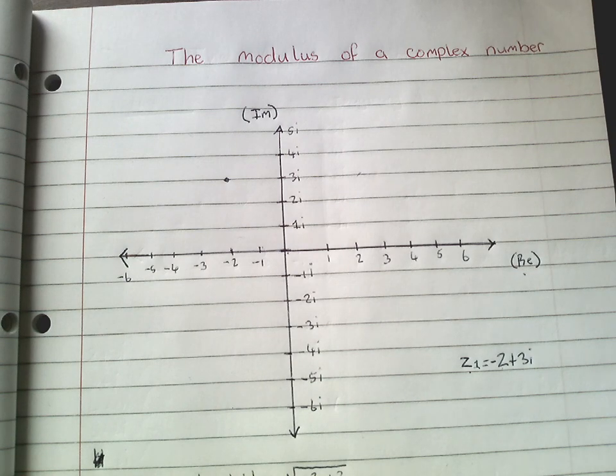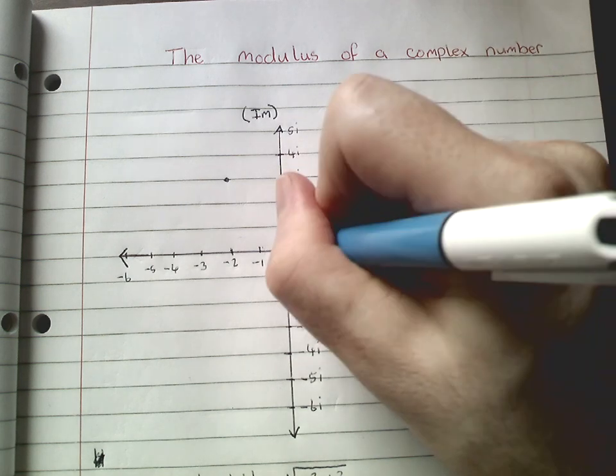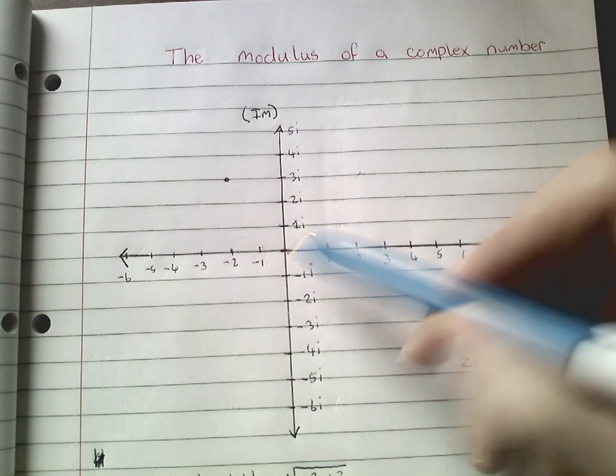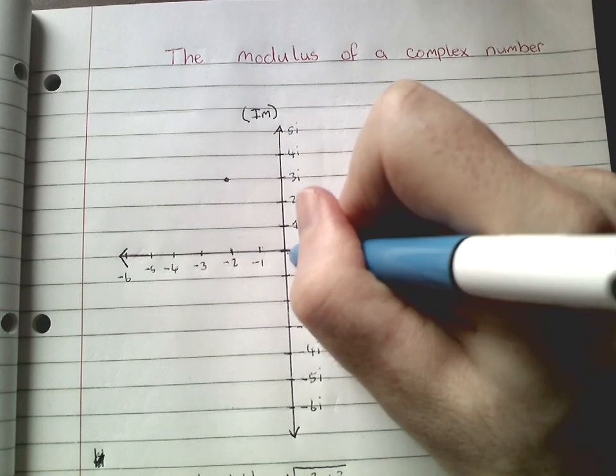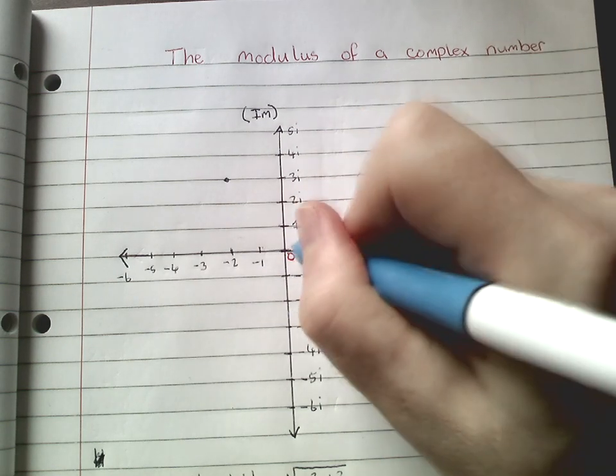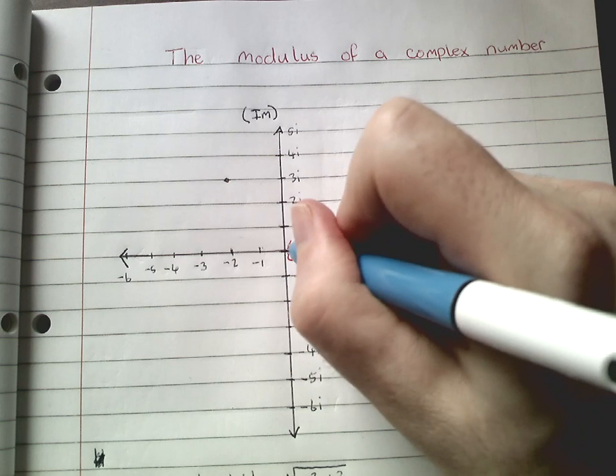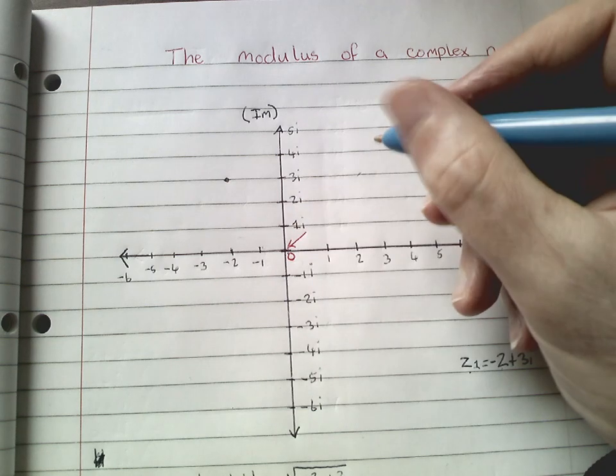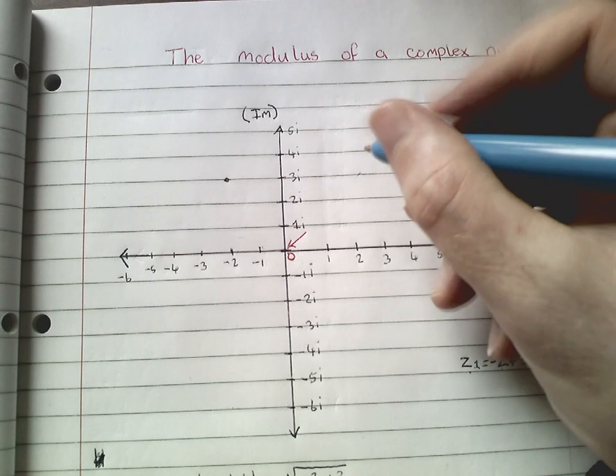Now, if I want to get what's called the modulus of a complex number, imagine here in the middle of the Argand diagram, this is going to be 0. Another word for this middle part, where it's 0, is the origin.